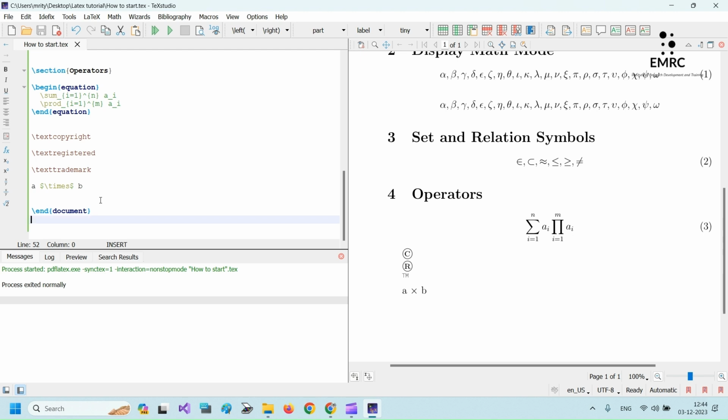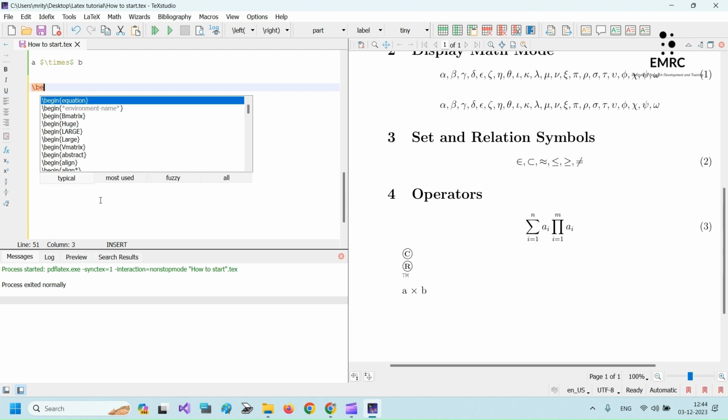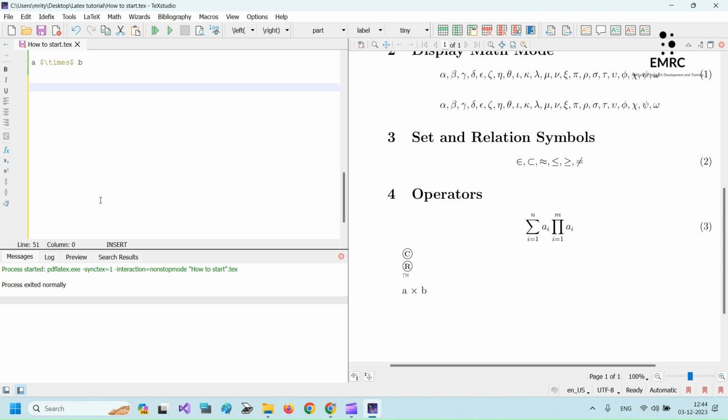Now, if you want to insert an arrow, you can use begin equation or you can simply use inline mode. Begin with a dollar sign and simply write leftarrow and compile it. You can see an arrow pointed towards left is created.